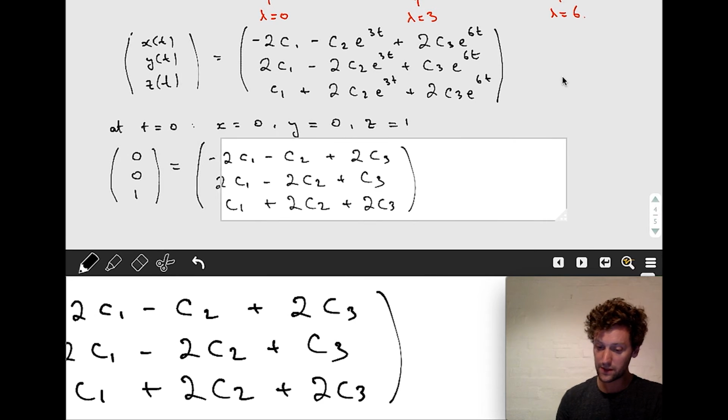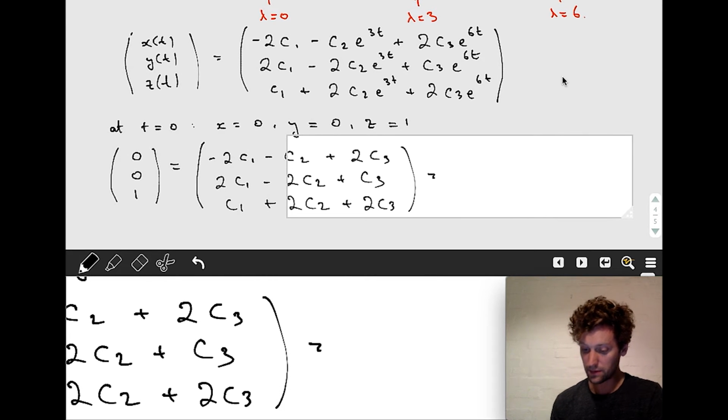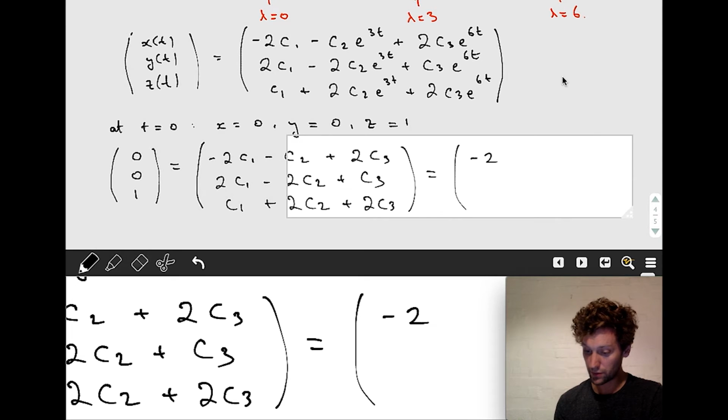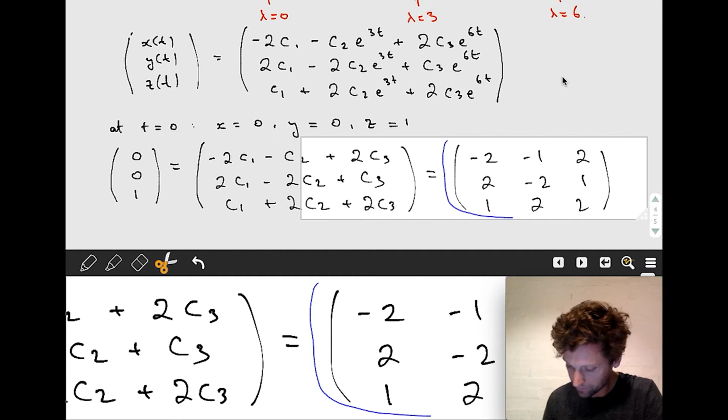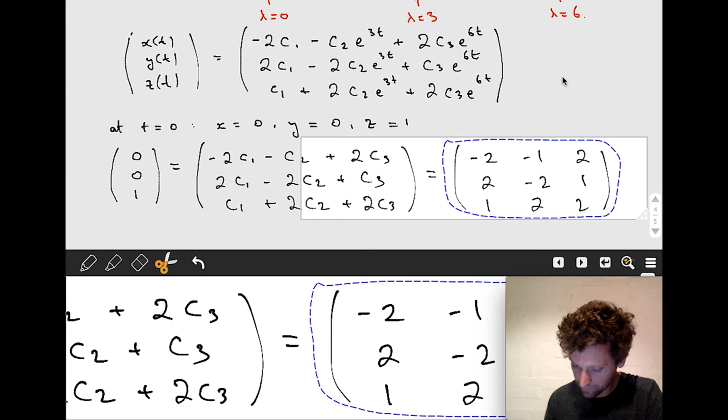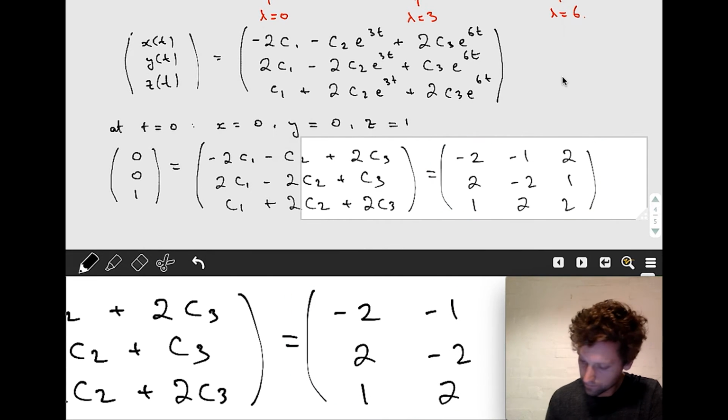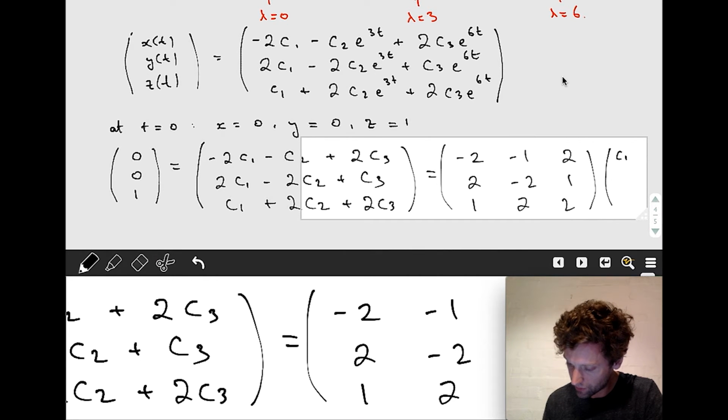And you notice here that this is actually now a system of linear equations. So I can write this as a matrix: minus 2, minus 1, 2, 2, minus 2, 1, 1, 2, 2, multiplied by c1, c2, c3.